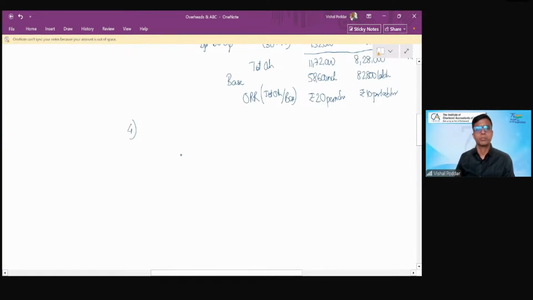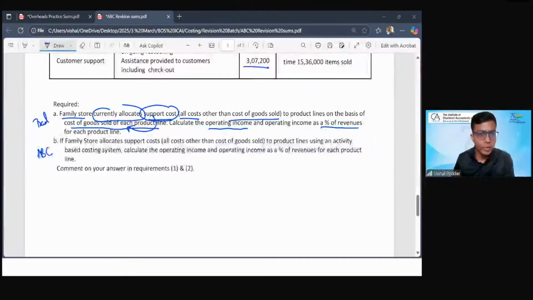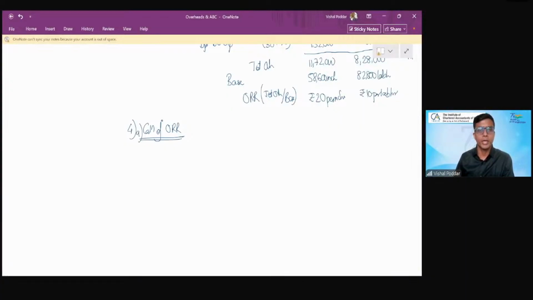So, fourth sum. Calculation of ORR. Firstly, under the traditional method, I will call it 4A. How are they calculating their ORR? Total overheads, which is over here called the support cost, is divided by COGS. Since both are cost, we will express it as a percentage.